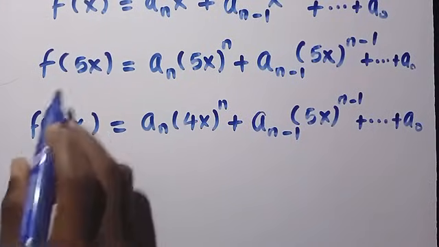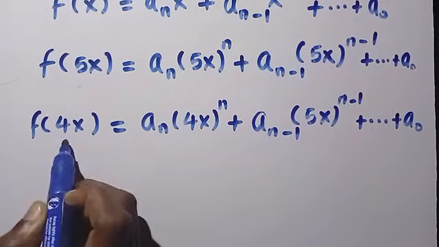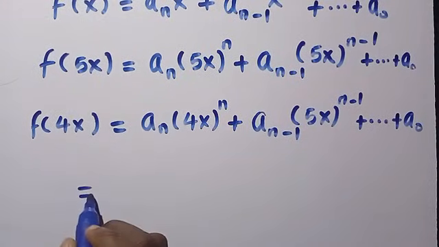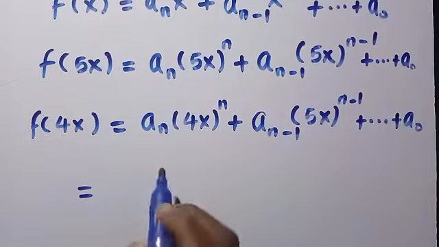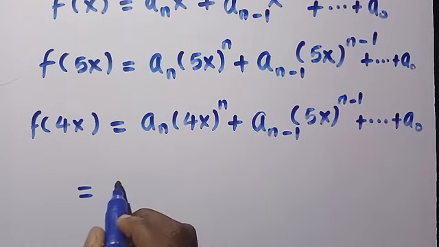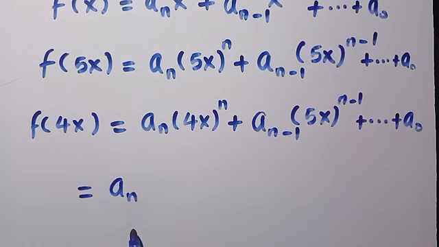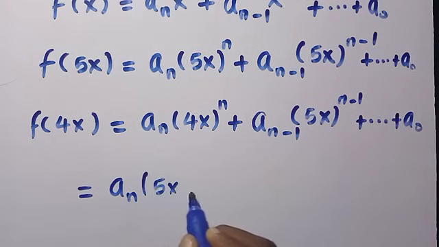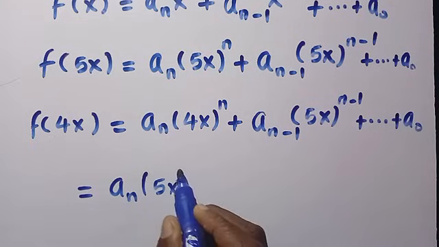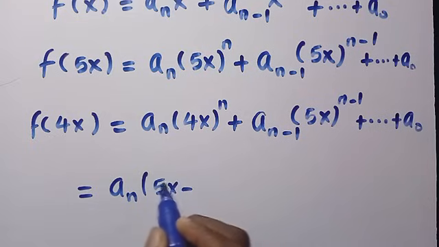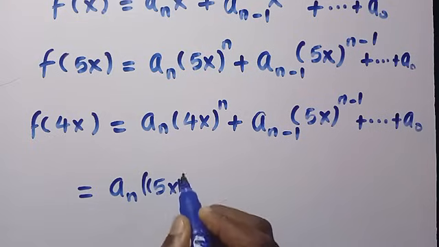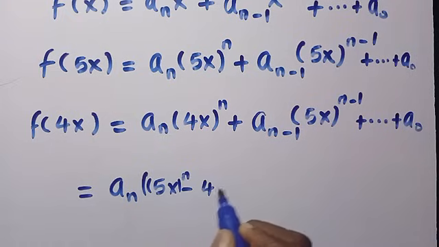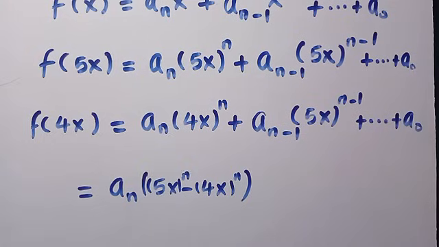Subtracting, we are going to have f of this minus f of this equals a_n into bracket of 5x raised to power n minus 4x all raised to power of n.